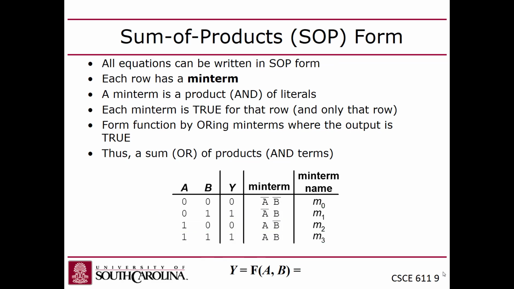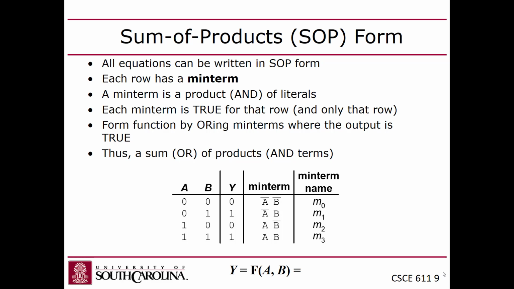Sum of products is when you have a truth table and you want to build a logical expression that behaves according to the truth table, right? You go through and find all of the outputs that are true, and for each one of those, you construct a minterm.